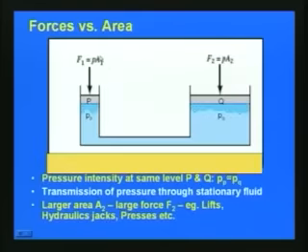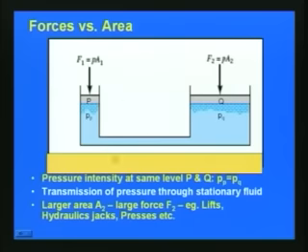This principle we can utilize in many areas. Now consider a piston type mechanism, forces versus area. We consider a small piston in a small cylinder and a larger cylinder, interconnected through a mechanism like this.